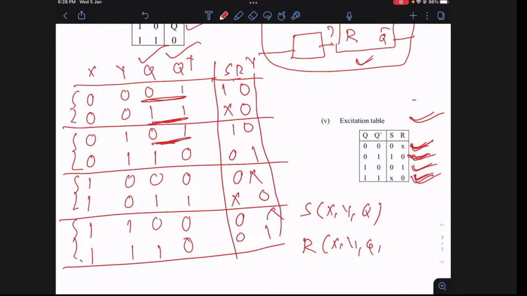Yeah. So anybody who solved it? How much answer are you getting?